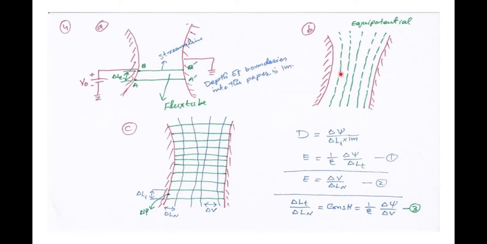The combination of flux tubes and equipotential surfaces defines curvilinear squares between the conducting boundaries. This method is known as the curvilinear square map method.